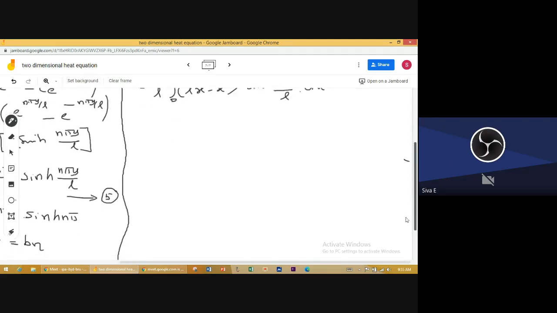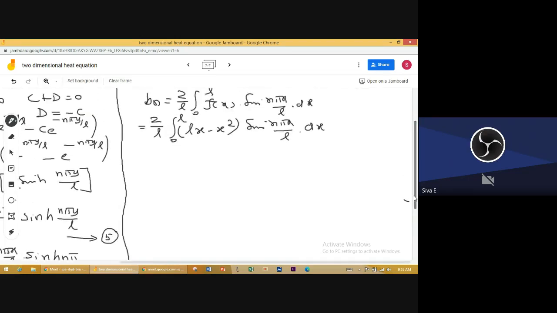Using Bernoulli's formula, expand this. Bn equal to 2 by l.